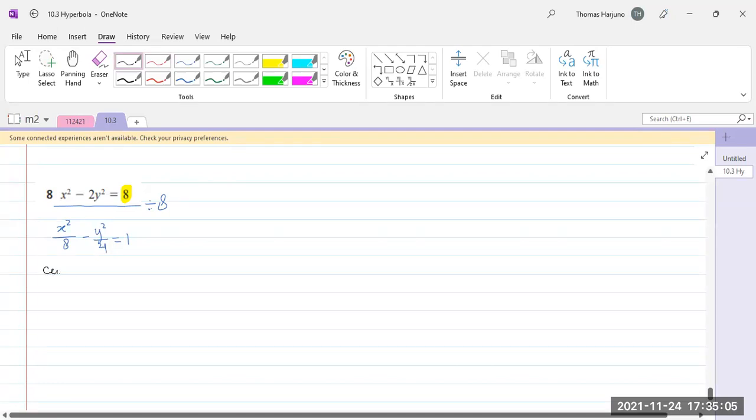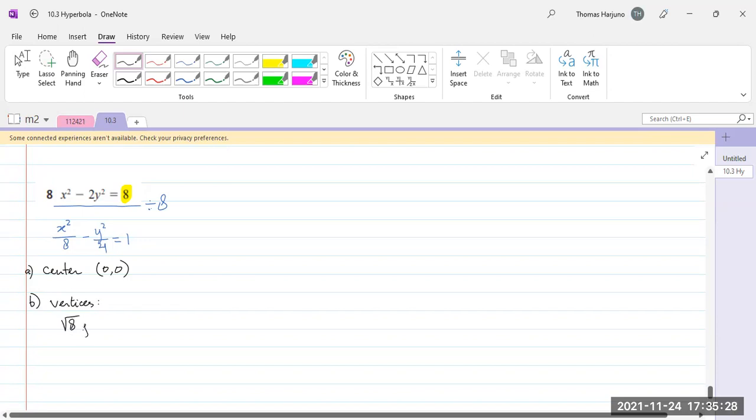What's the center? Let's call that part A. The center is 0, 0, because we have x squared and y squared. Okay, how about the vertices? That's the square root of 8, right?